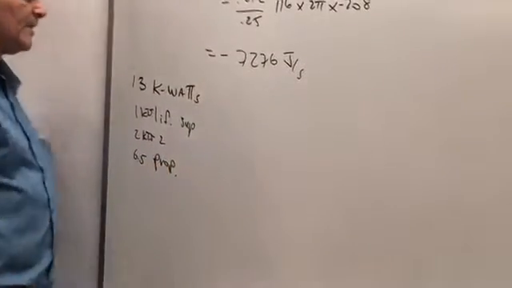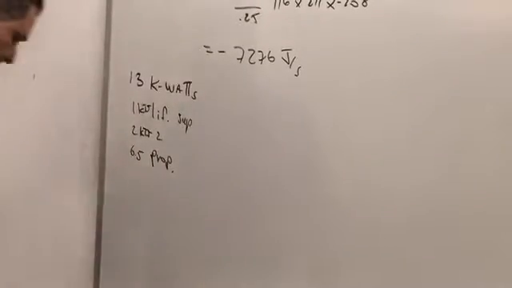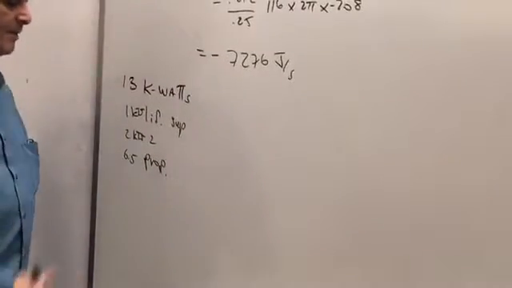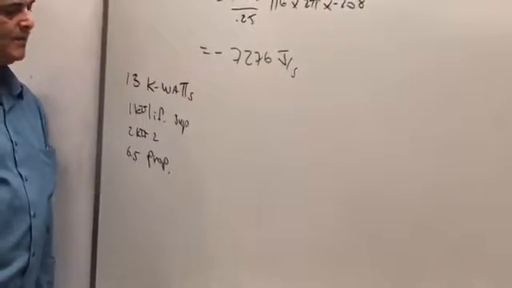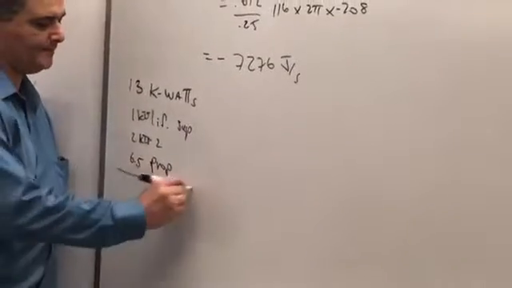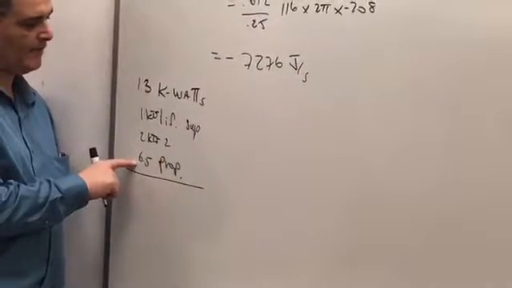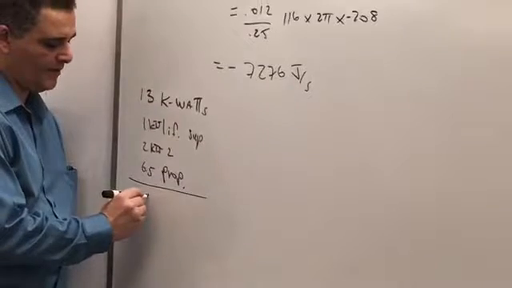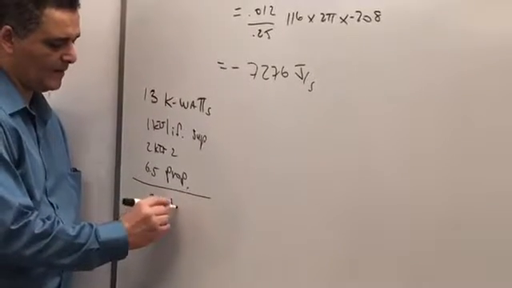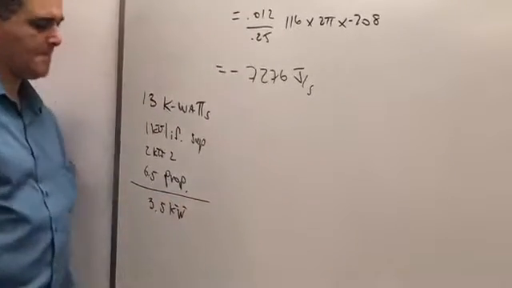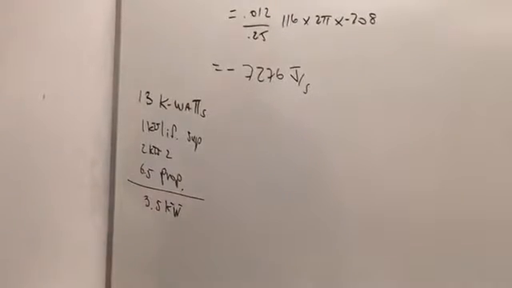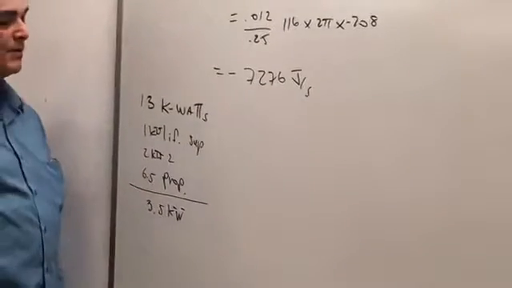In a real spaceship there would be others, like systems for experimentation and backup systems. So this is 9.5, which leaves 3.5 kilowatts, or 3,500 watts.